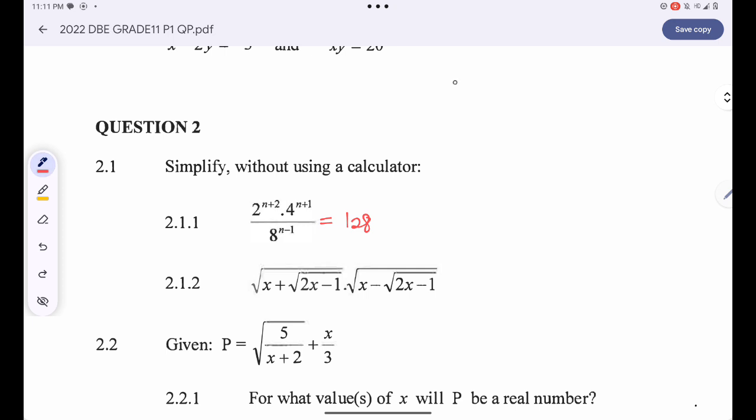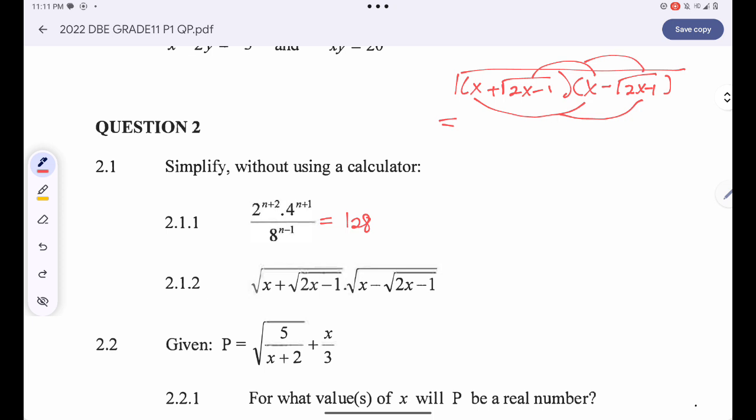So I can simply write it as the square root of x plus the square root of 2x minus 1, multiplied by x minus the square root of 2x minus 1, like this, right? If you can check, guys, this is just a factorized version of the difference of 2 squares. But if you cannot see that, you can just multiply.